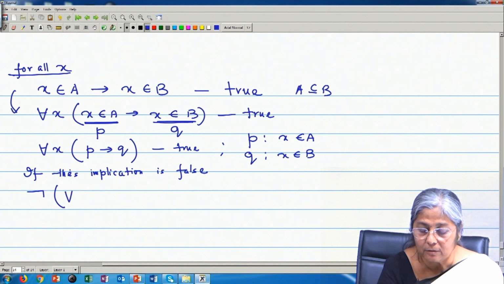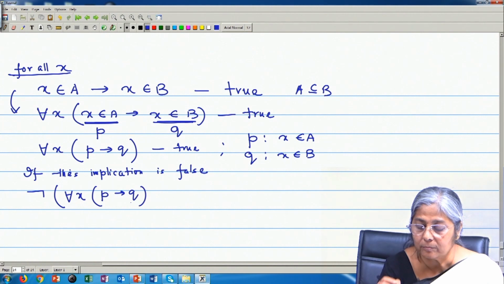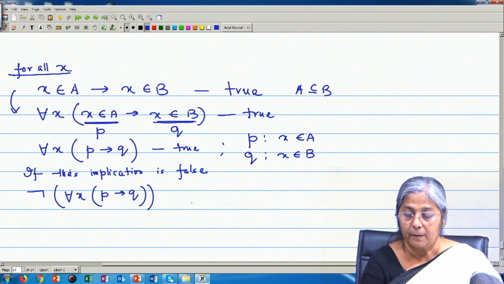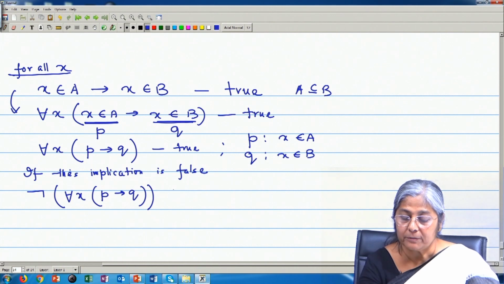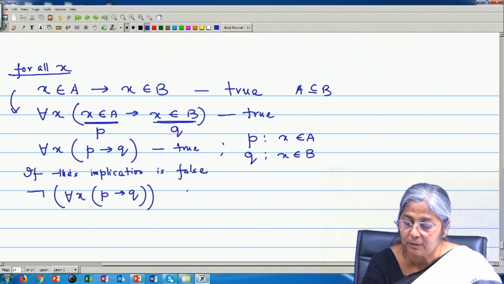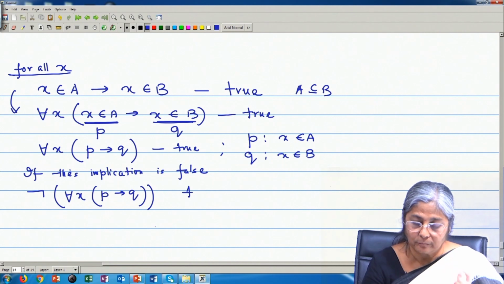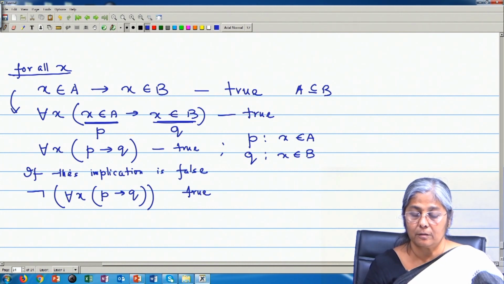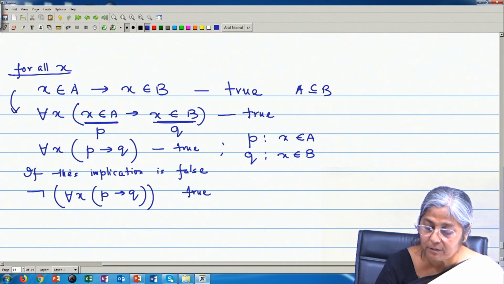That is, the negation of for all x, P implies Q is true. If this implication is false, then its negation should be true.